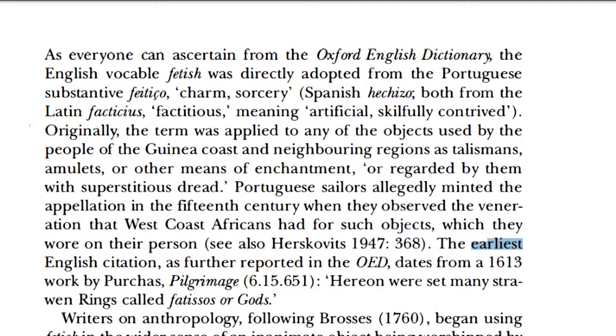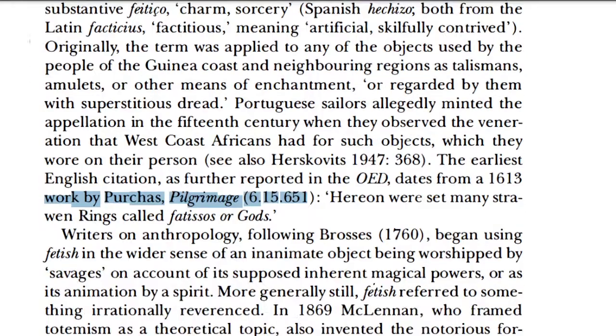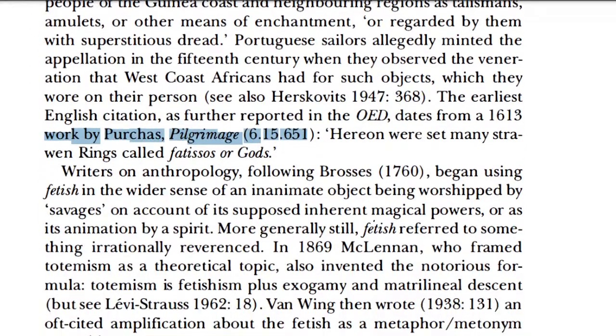The earliest English citation, as further reported in the OED, dates from a 1613 work by Purchas, Pilgrimage: 'Hereon were set many strawen rings called fatizos, or gods.'